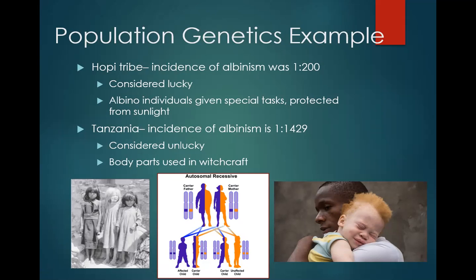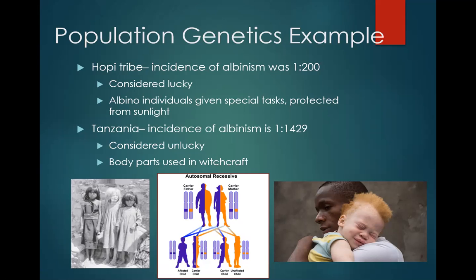People with albinism suffer from skin problems and an inability to see very well. But because they were considered lucky, the Hopi tribe down in New Mexico would make sure that albino individuals were protected from the sunlight, and were given special tasks that kept them out of the sunlight. And that allowed them to live normal lives.